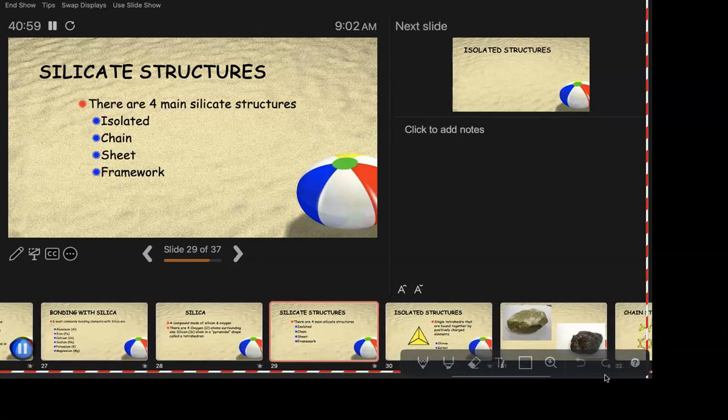So there are 4 main ways that these silicates can be arranged. And again, not to keep referring to a lab that half of you haven't done yet, I do apologize for that. But once you see how many different minerals are silicates, and they really don't look anything like each other, with very few exceptions.